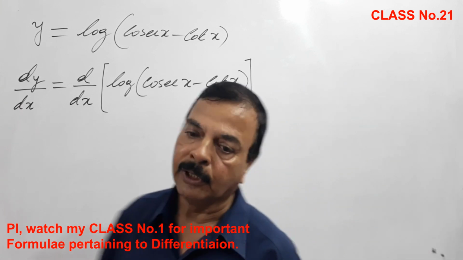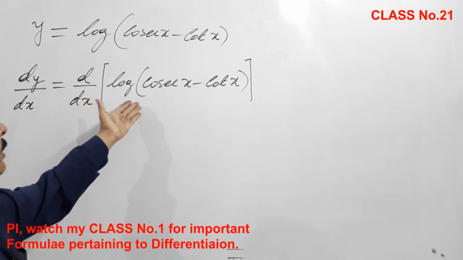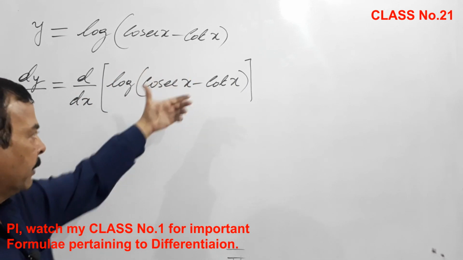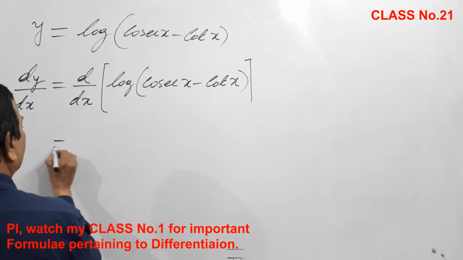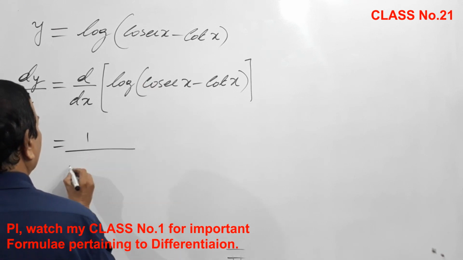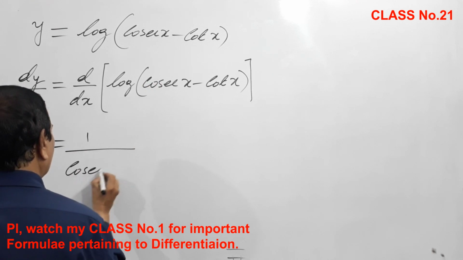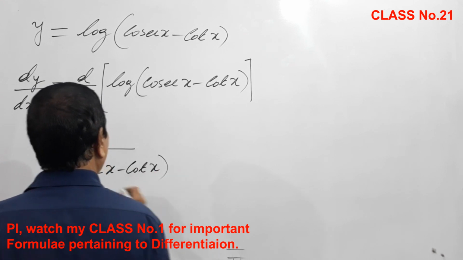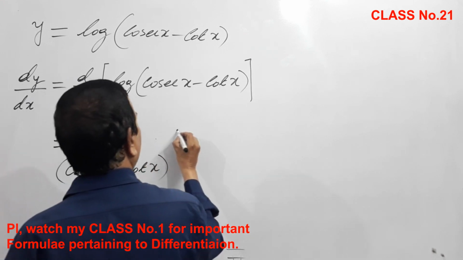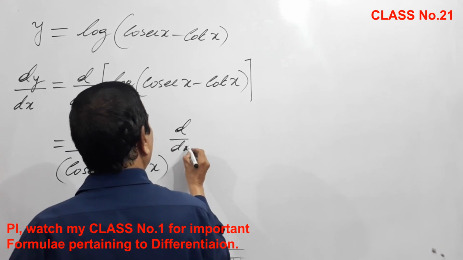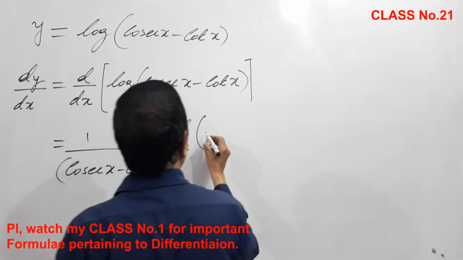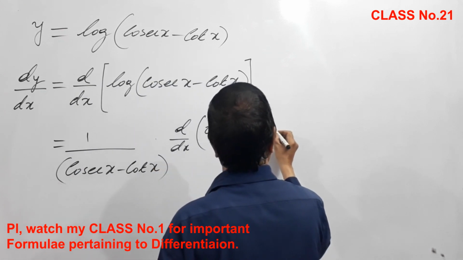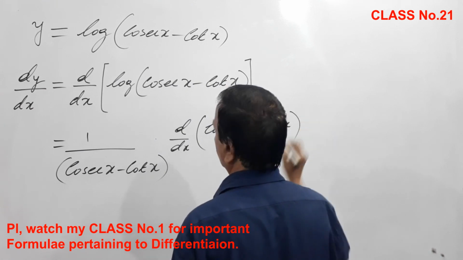So let's differentiate this. So as usual, when you differentiate a log function, whatever you have in the parenthesis, that is in the brackets, bring it down. So this becomes 1 by cosecant x minus cot x, into d by dx of whatever is in the parenthesis, that is cosecant x minus cot x.